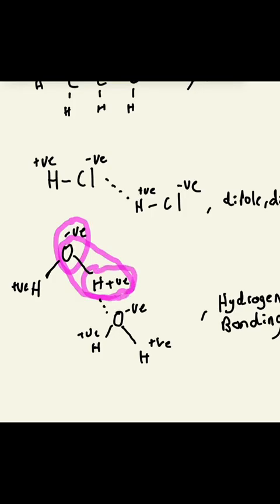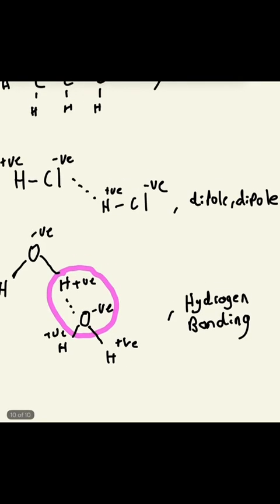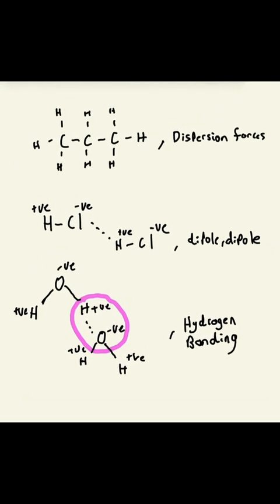So that means that the interactions between two water molecules will be stronger because the hydrogen end is more positive and the oxygen end is more negative. So they're the strongest form of intermolecular forces.